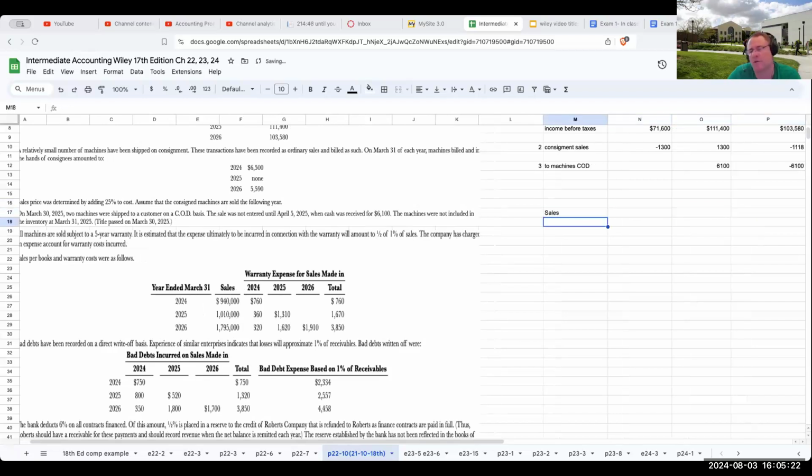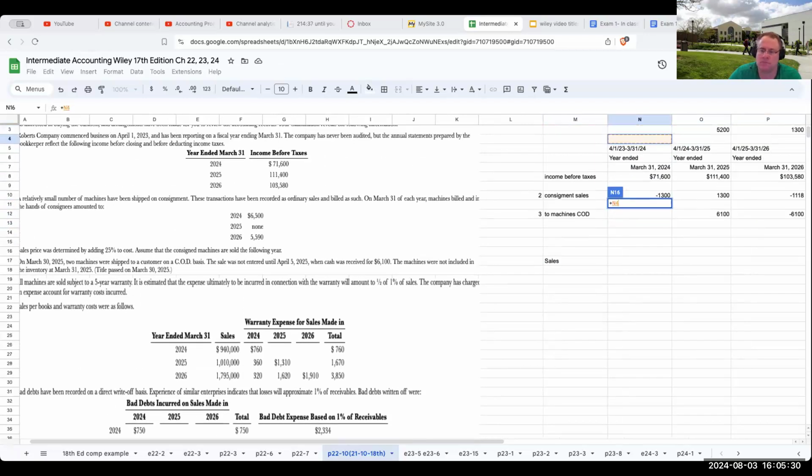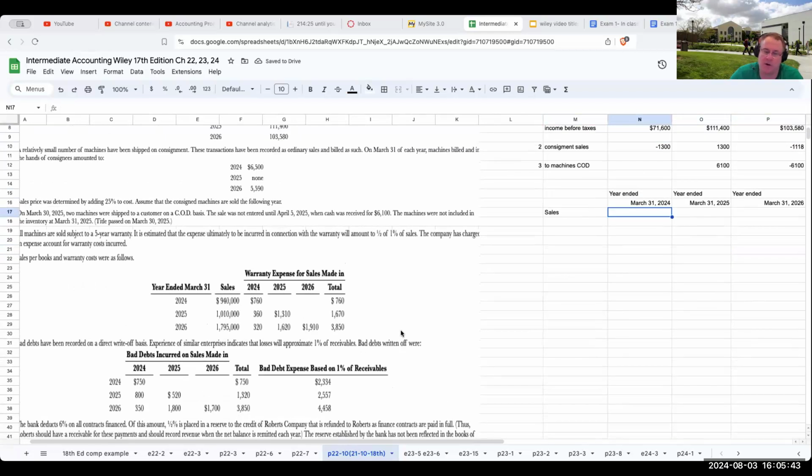So when we're going through and looking at sales, it tells us that the sales are in fact 940,000, 1,010,000, and then 1,795,000.